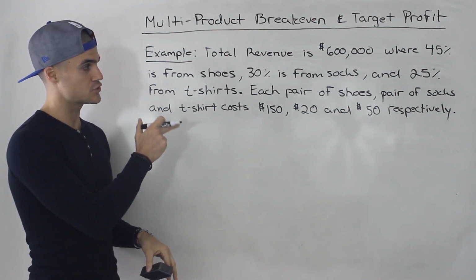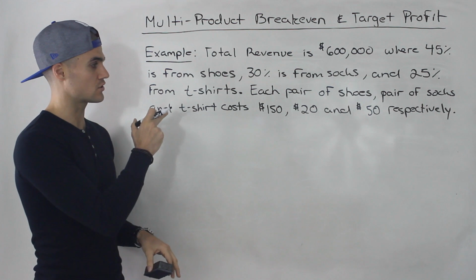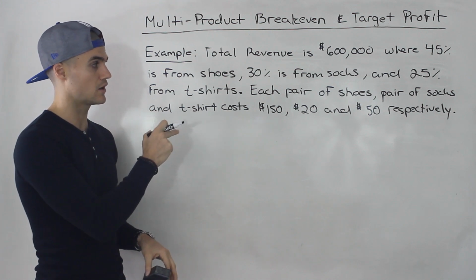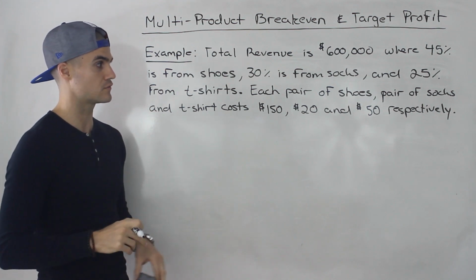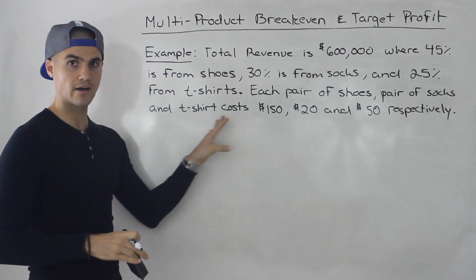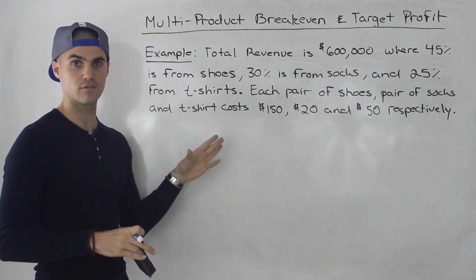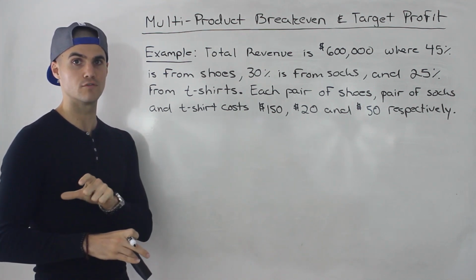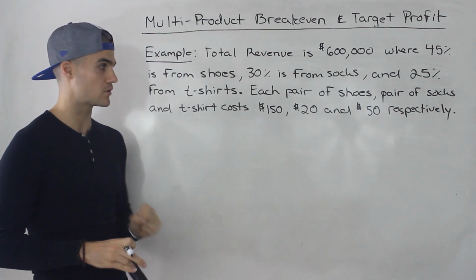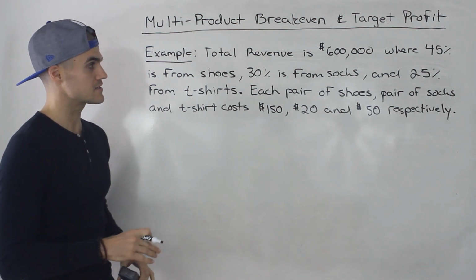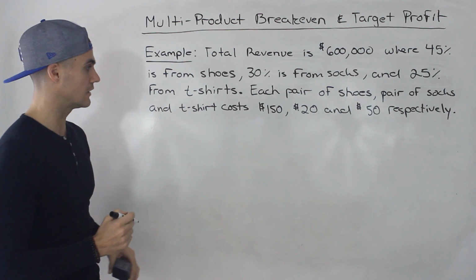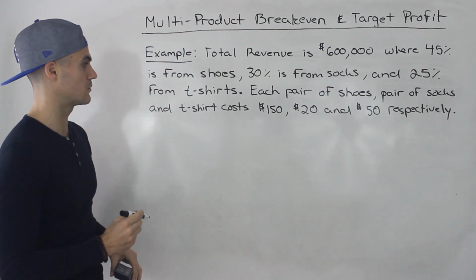And then each pair of shoes, pair of socks, and t-shirt costs $150, $20, and $50 respectively. So notice in this entire example, there's nothing given about the number of units. And that's what our sales mix, remember, is always based on. And so what we got to do is a little bit of work to get those numbers.